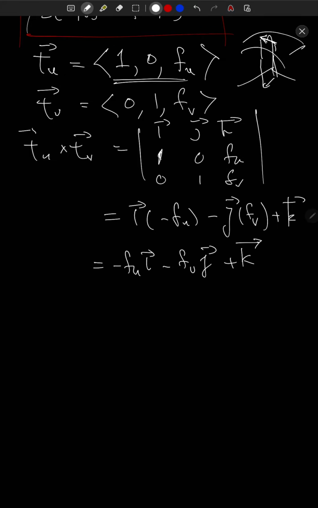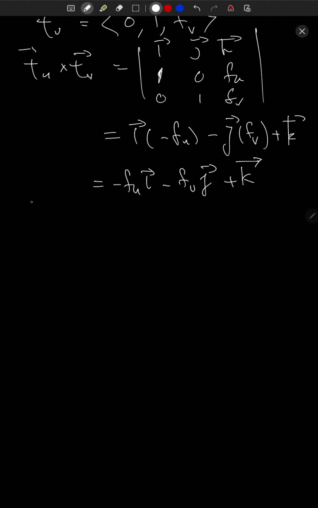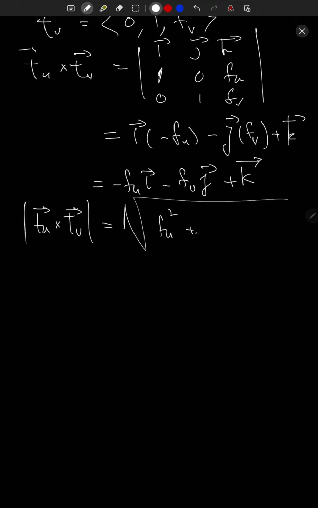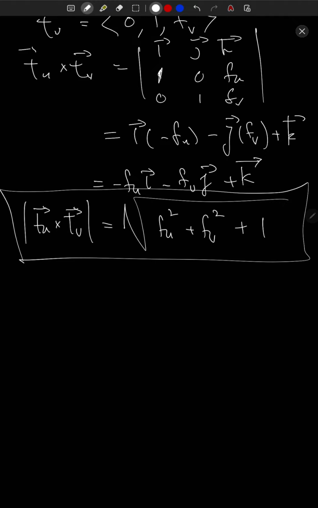And same thing with y. In any case, the length of this is the square root, just the length of a vector: the first thing squared, f_u squared, f_v squared, and then 1 squared. So in the special case of a graph, this is your compensation factor, the Jacobian.